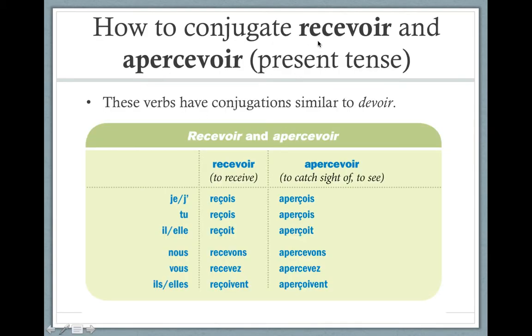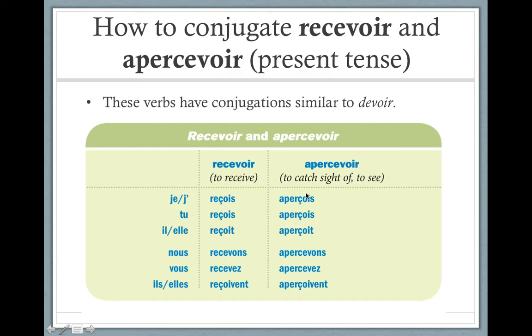Next, we have recevoir and apercevoir. Recevoir, ça veut dire to receive, et apercevoir, to catch sight of or to see. And these are also both very related. For example, recevoir is je reçois, tu reçois, il reçoit, nous recevons, vous recevez, and ils, elles reçoivent.